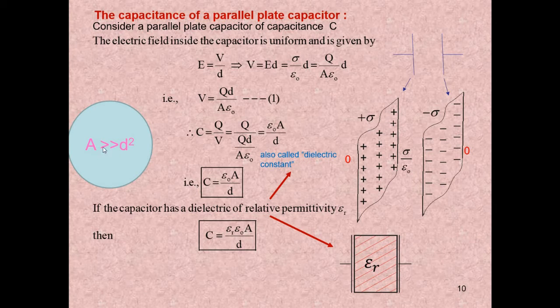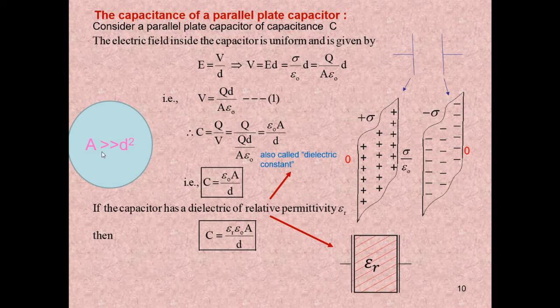In the textbook it is mentioned. So please write this in some corner of your notebook. In the case of a parallel plate capacitor, the assumption is A very much greater than D square. Then only we can use this formula.